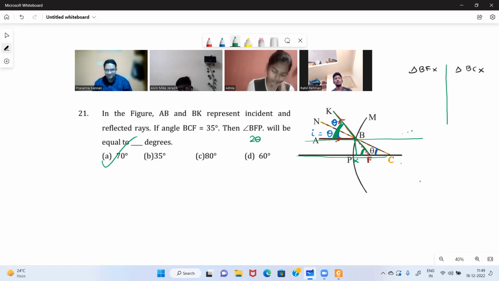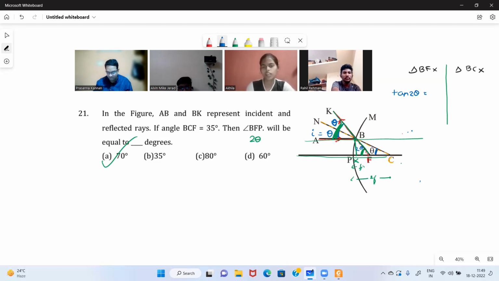Based on this only, if you do the similarity of two triangles, you will be able to understand that R is equal to 2F. Like that you can prove it very easily. Because in triangle BFX, what is tan 2 theta? You proved that this angle is 2 theta, correct? So tan 2 theta will be opposite by adjacent, BX by XF.